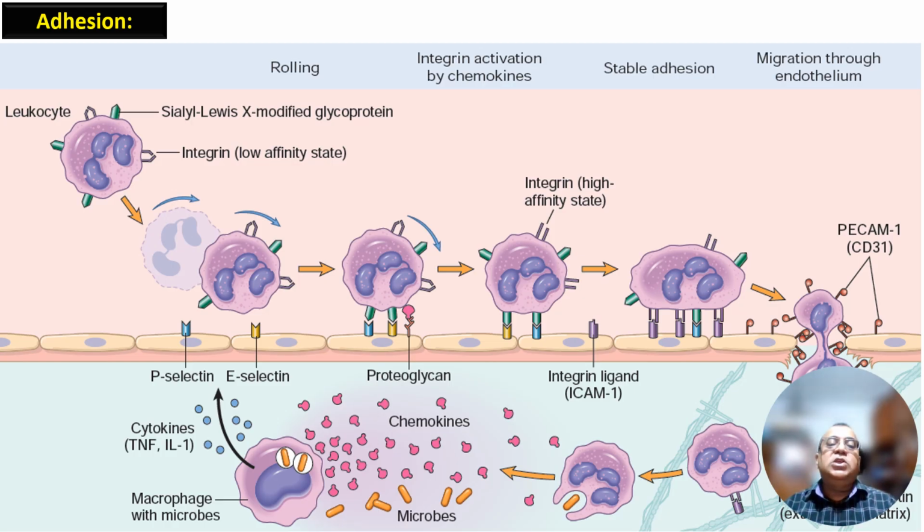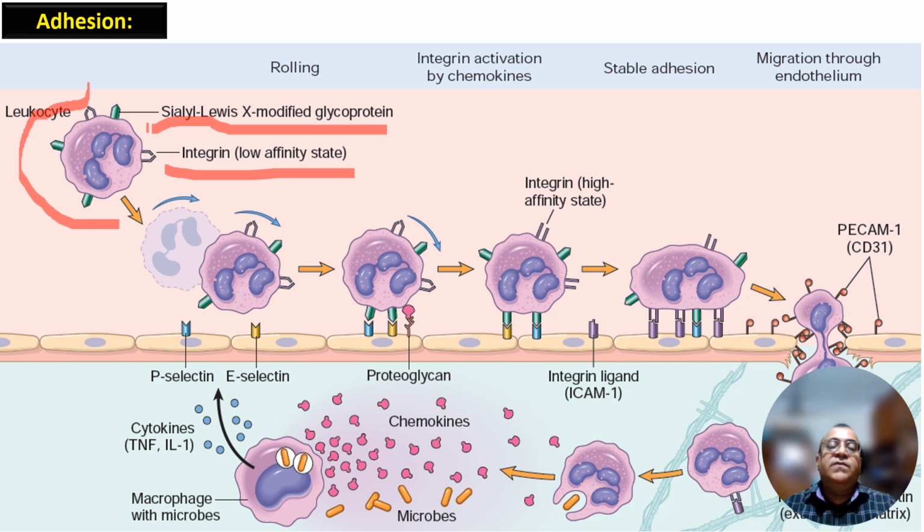So this picture is showing the process of firm adhesion of the leukocyte. There is this leukocyte that is present within the vascular lumen. There is a normal expression of integrin, and the normal expression of glycoproteins is the Lewis glycoprotein that is there.